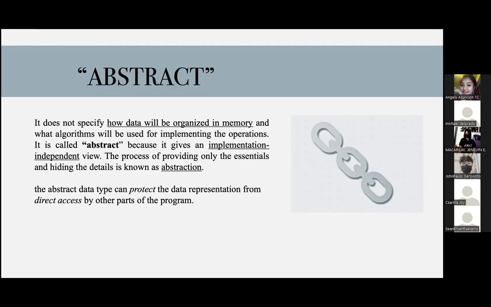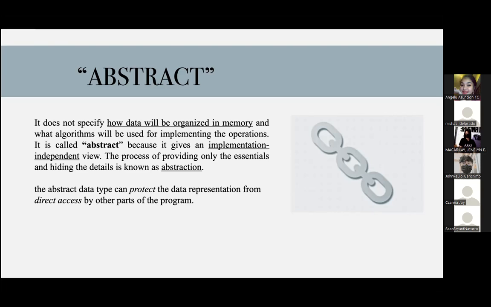The process of providing only the essentials and hiding the details is known as abstraction. The user of a data type does not need to know how the data type is implemented. So users only need to know what a data type can do, but not how it will be implemented.